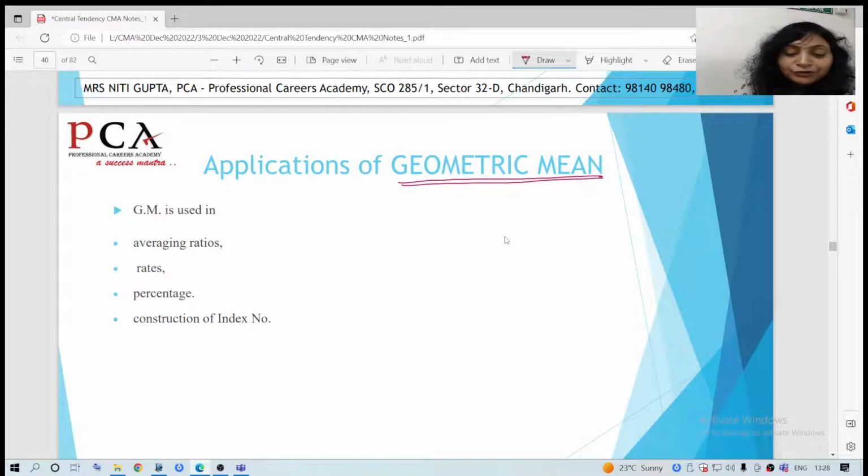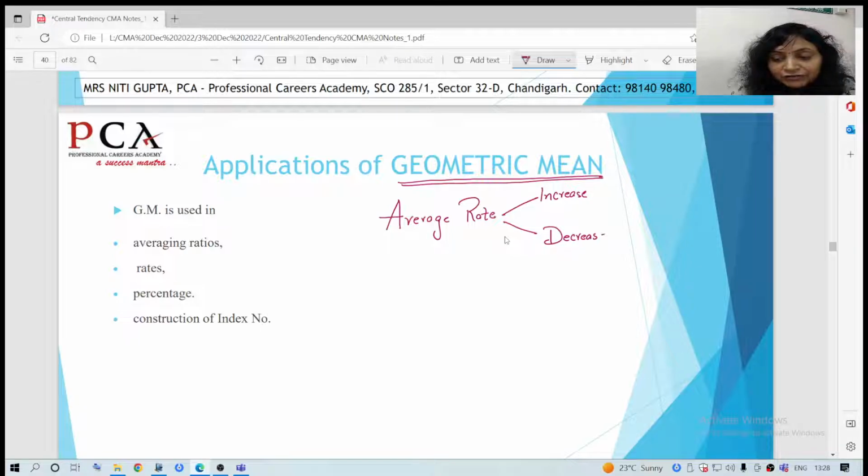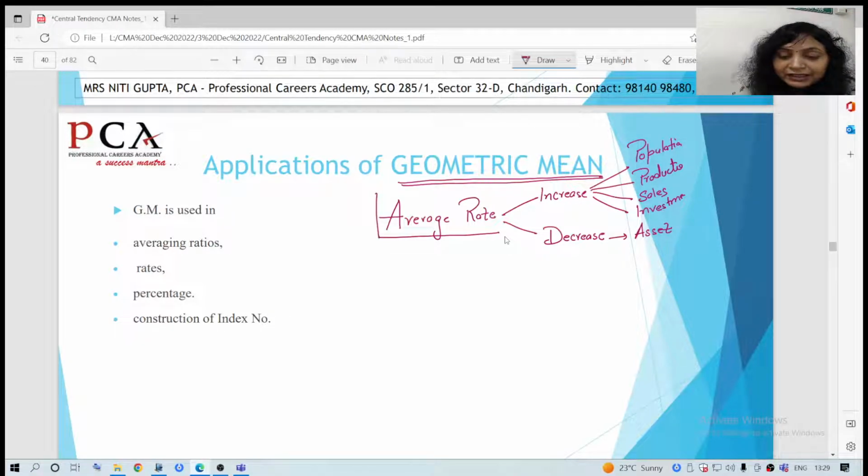Whenever you have to find out the average rate, either of increase or decrease, like the average rate of increase in population, average rate of increase in production, average rate of increase in sales, average rate of increase in investments, and average rate of decrease in asset depreciation. Whenever you have to find out the average rate of increase or decrease, in that case you use geometric mean.